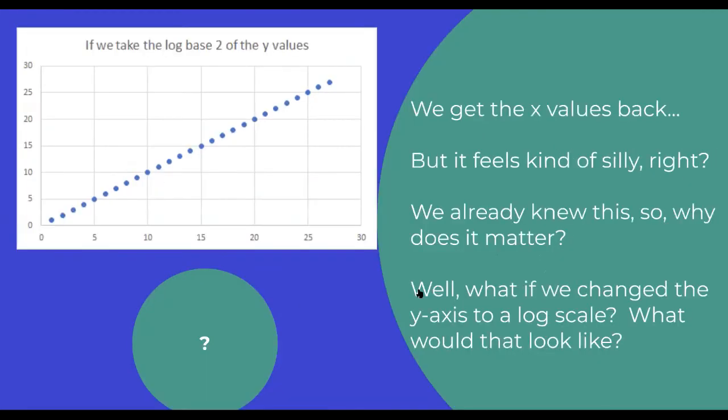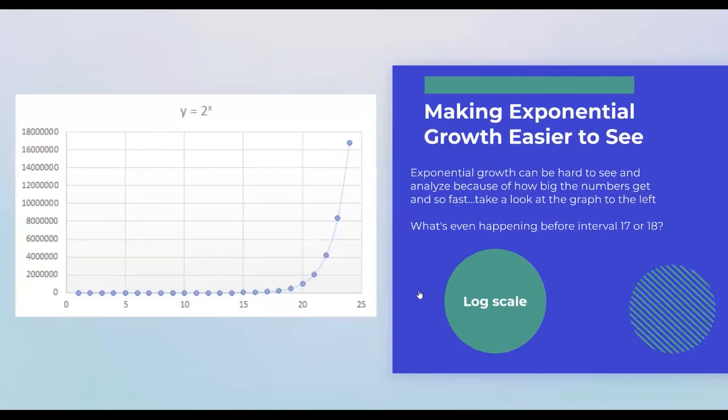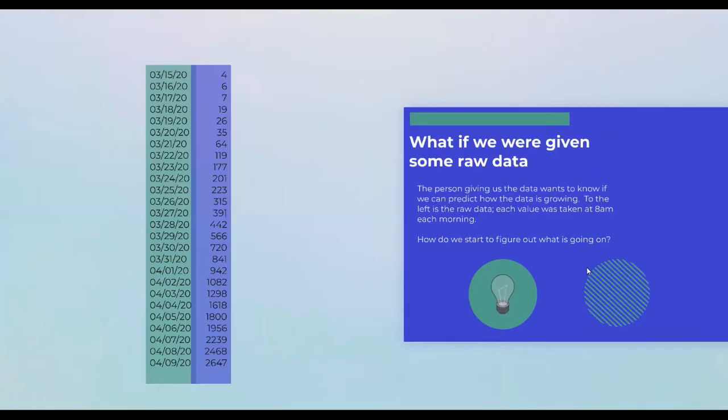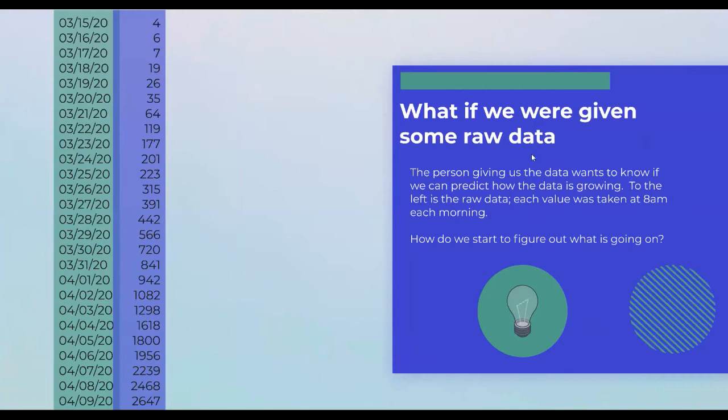So now that we have this idea of a logarithmic scale and exponential growth, let's look at an example. Let's pretend that we're investigators and we're given some data, and here are some dates, and here are cases. This is actual data from Morris County in New Jersey of the cases of COVID that we're seeing there.